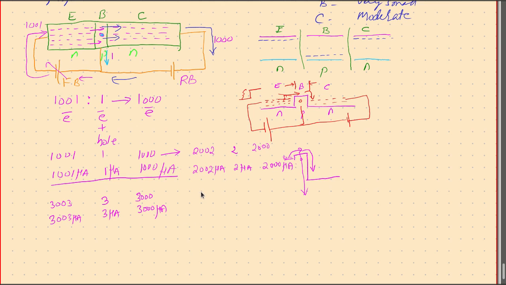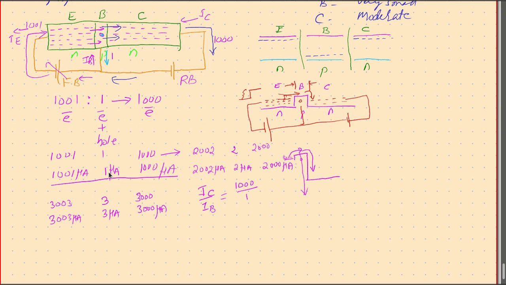So in all, if you consider the collector current, which is called IC, and the base current, called IB, and the emitter current, IE, the base current and collector current are going to maintain some ratio, and that ratio is 1 is to 1000. So IC by IB is always 1000 to 1.